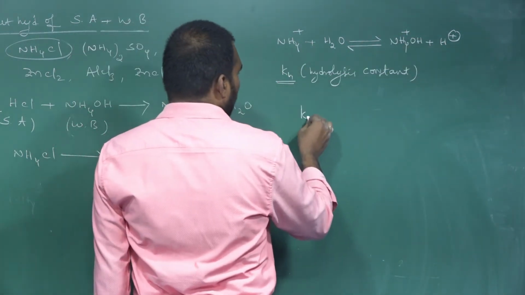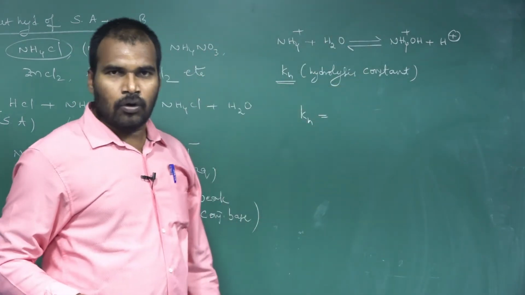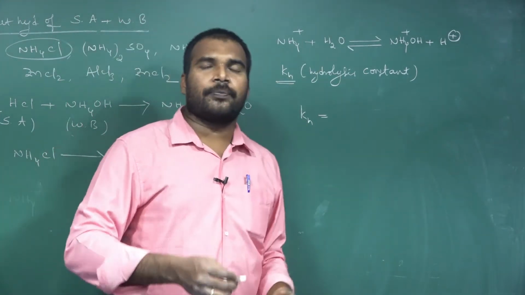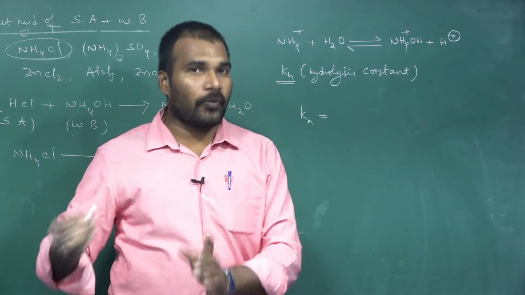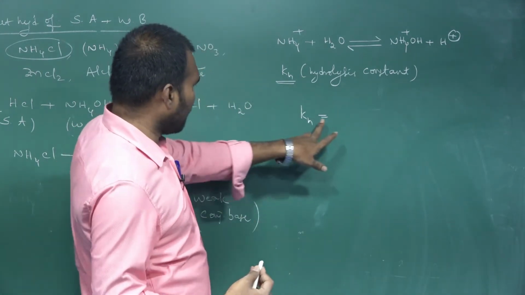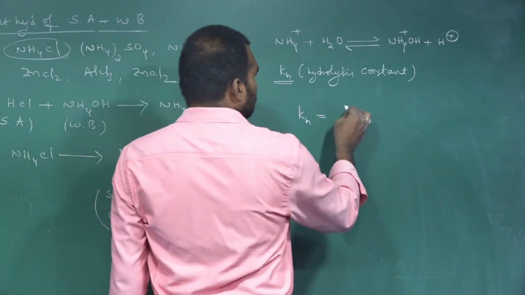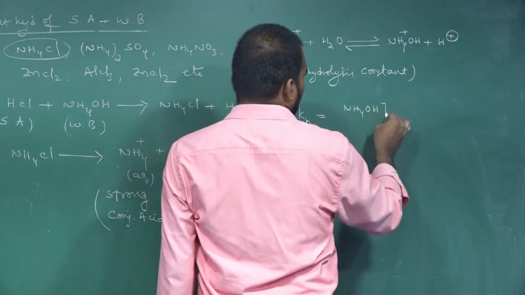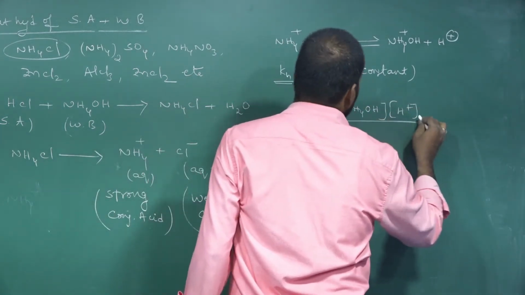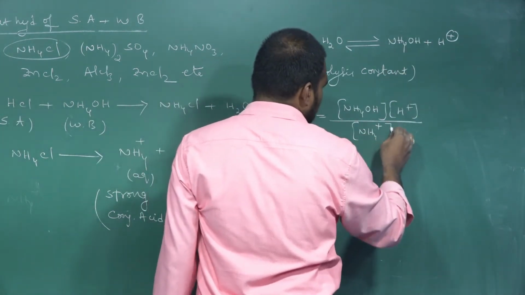How to write the hydrolysis constant for the above reversible reaction? KH is equal to the product of concentrations of products to the product of concentrations of reactants. Here, what are the products? Ammonium hydroxide and H plus ions. So KH is equal to NH4OH concentration into H plus concentration divided by NH4 plus concentration.